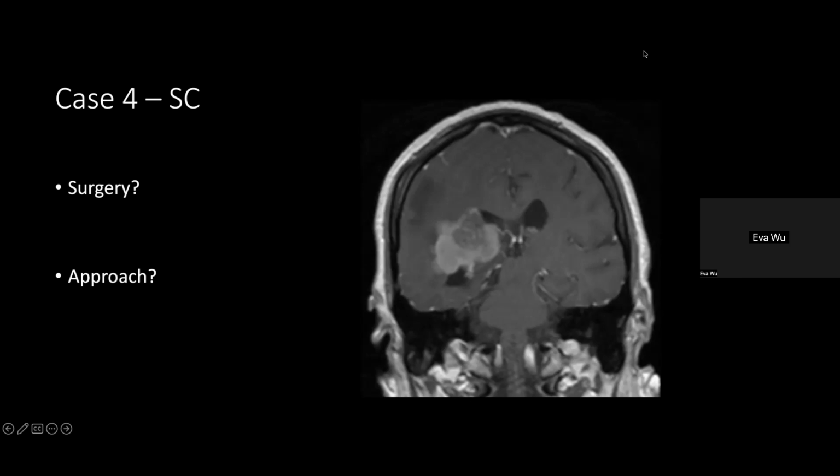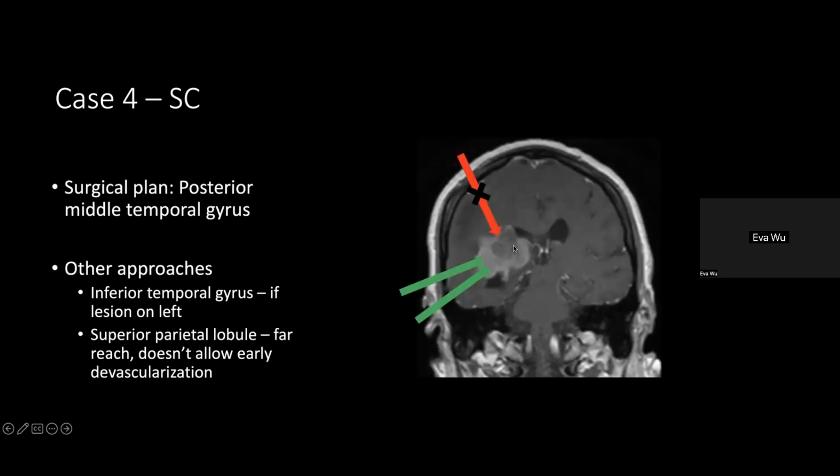Yeah. So like you said, intraventricular meningiomas usually get their blood supply from the choroidals, and so that's why, instead of like the other case where we went through the superior parietal lobule, for this one we went through the superior temporal gyrus posteriorly, so that we could get early devascularization first, which the superior parietal lobule approach wouldn't let us do, and it would also have a really far reach.